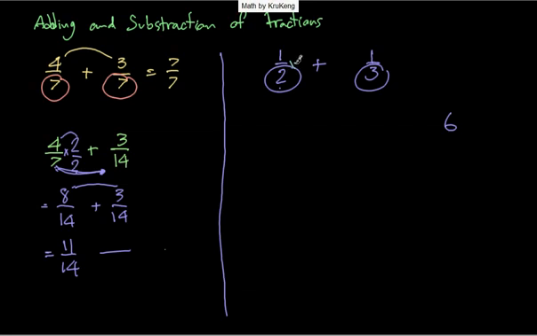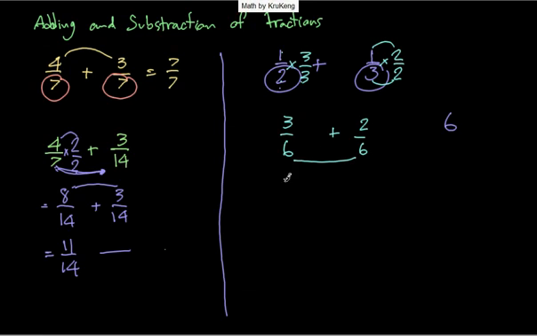Okay, we multiply this fraction by 3/3. That's going to be 1 times 3 is 3, and 2 times 3 is 6. And then we are going to multiply this fraction by 2/2. So we're going to have 1 times 2 is 2, 3 times 2 is 6.